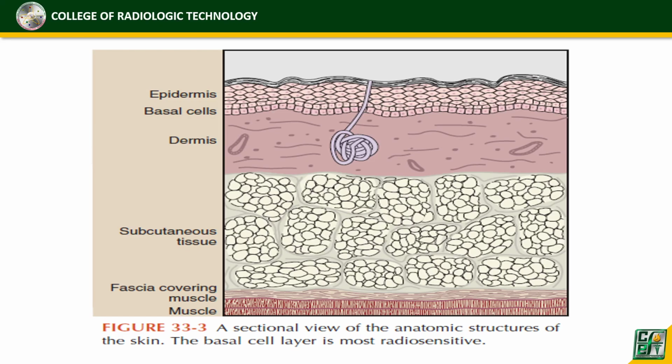Yung layer na yon. So it is the most radiosensitive layer of the skin, the basal cell layer. Okay? Because, again, stem cells are radiosensitive, because stem cells are rapidly producing.